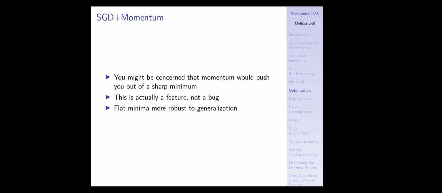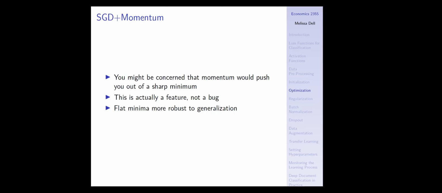Okay, so you might be concerned at this point that momentum would push you out of a sharp minimum. That's true, but in general, that's seen as a feature and not a bug. The intuition is that if you have a very sharp local min that you can easily get knocked out of, that's very dependent on a very specific part of your training data.